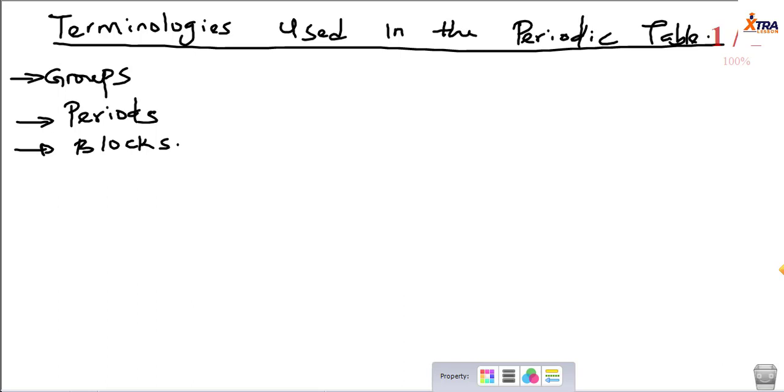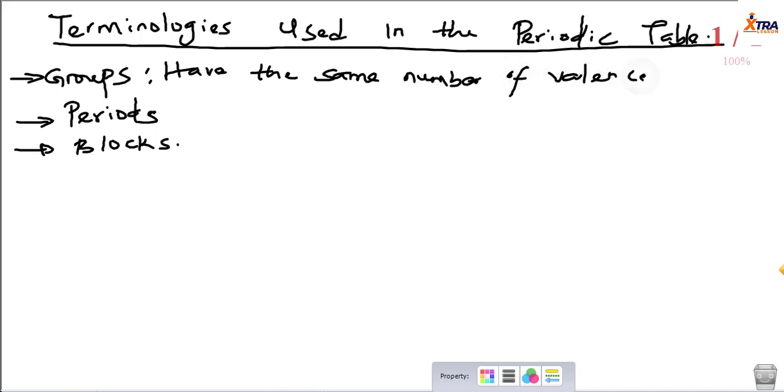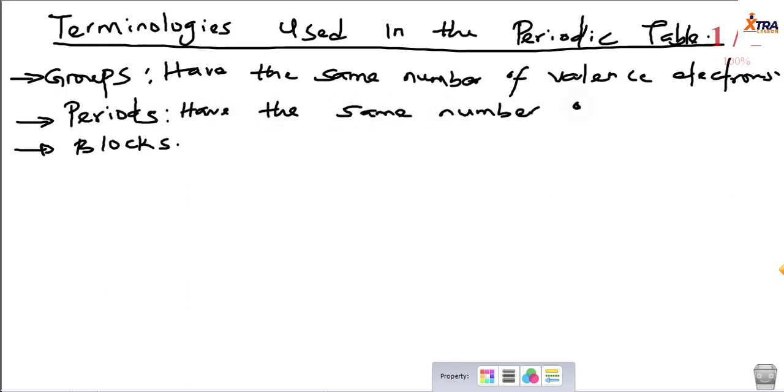Atoms in the same group have the same number of valence electrons. I can't emphasize this enough. They have the same number of valence electrons. But atoms in the same period have the same number of electronic shells.